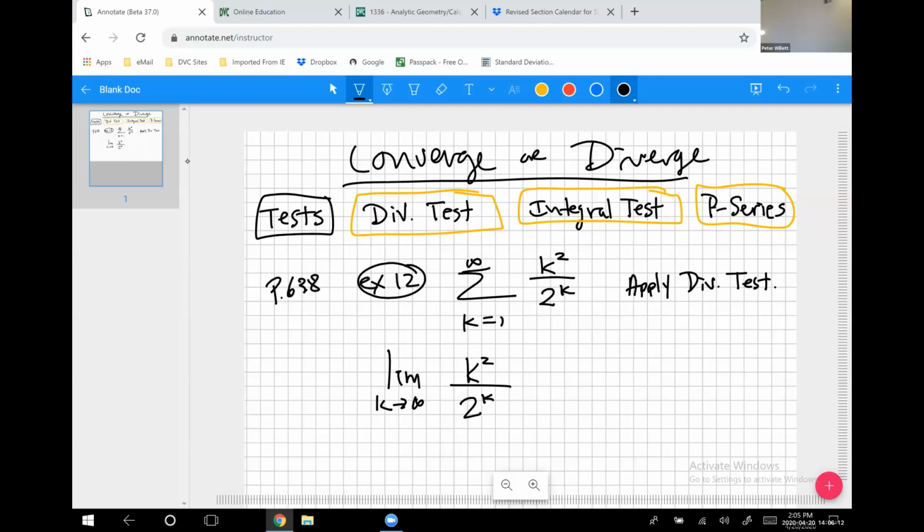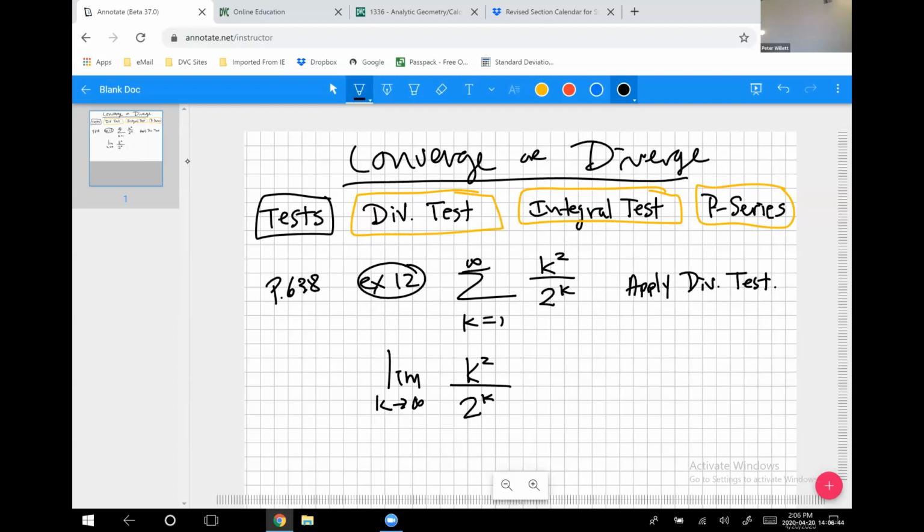So for example, my suggestions before were to take note of the fact, and we did have problems that focused on this, that an exponential function like 2 to the k grows large much more rapidly than a power function like k squared. And therefore, since the denominator is growing big so much faster than the numerator, it will end up causing the ratio to shrink away to nothing and equal 0. So that's sort of an intuition look at this.